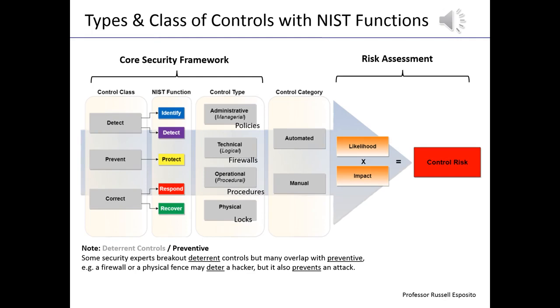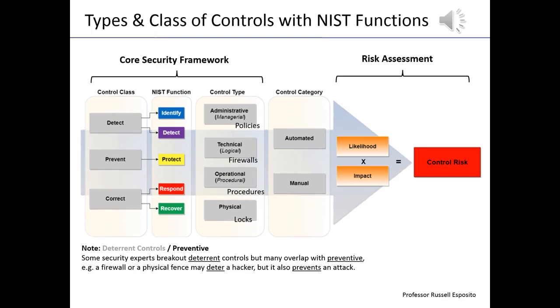Look at the left-hand side, control class: detect, prevent, and correct problems, or attacks. Detect, prevent them, and correct if there is a problem. Some experts have another category called deterrence control. At the bottom, I have a note here, and I have that in gray because sometimes it overlaps.